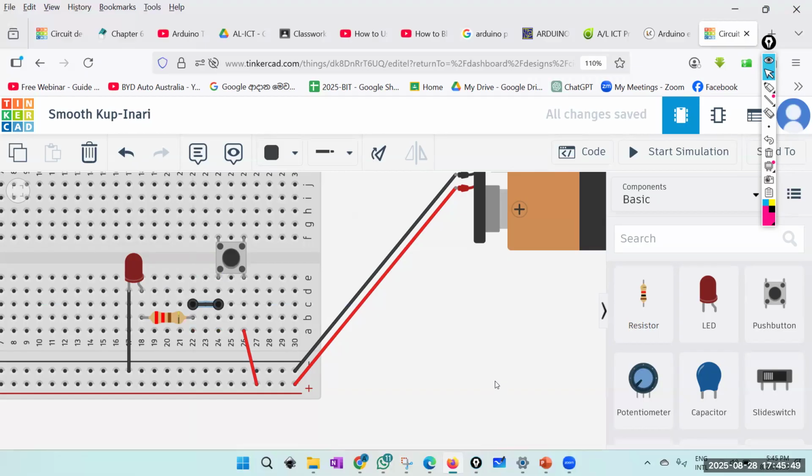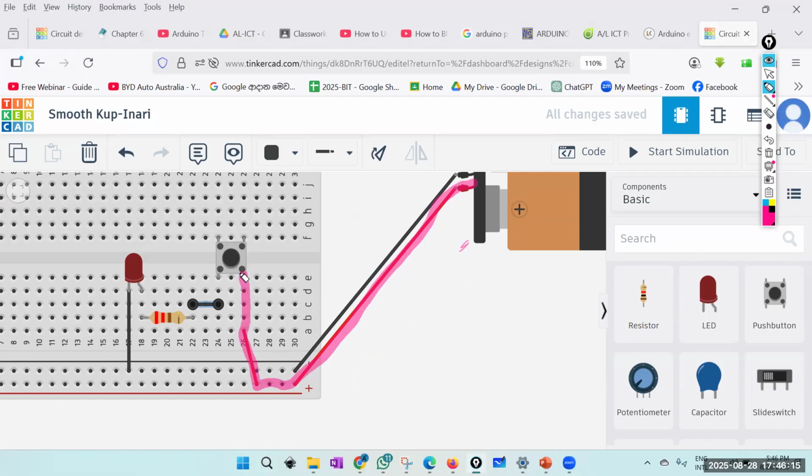Okay. So now look at when I push it, what is the circuit current flow? We don't look at the electricity flow. We look at the positive charge flow. It goes like this. Goes like this. This is connected to this. So it goes like this.